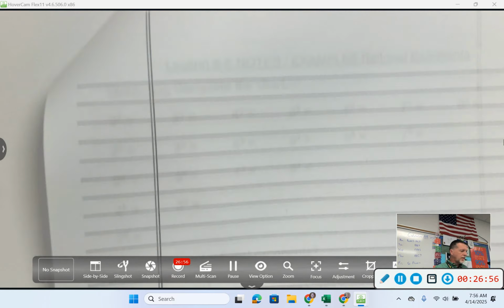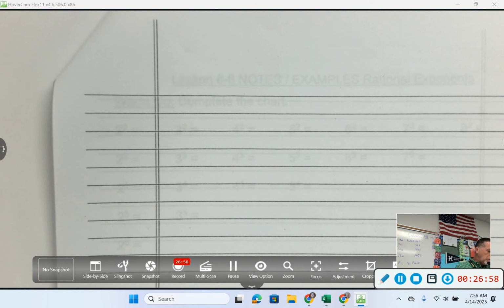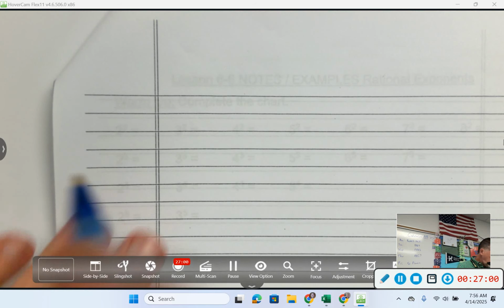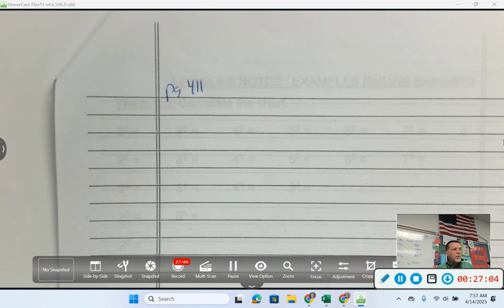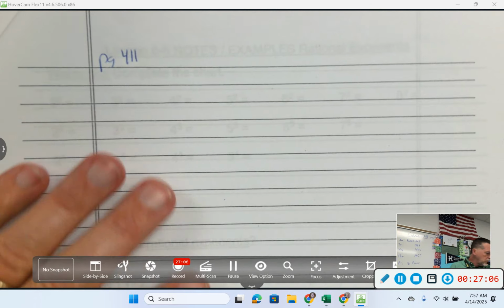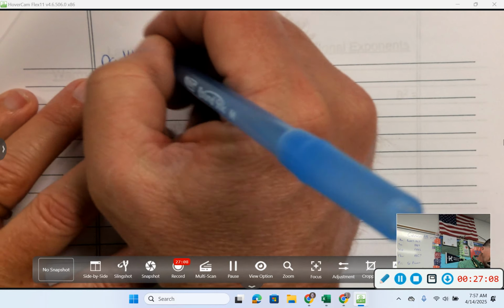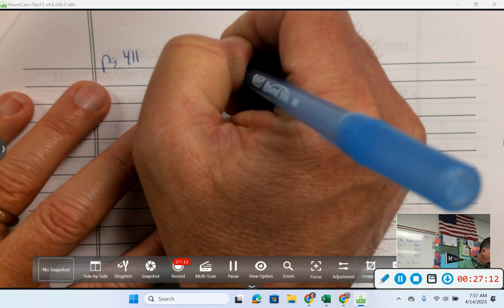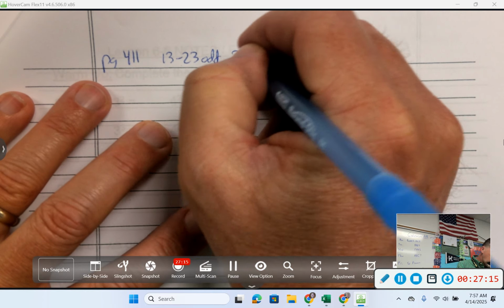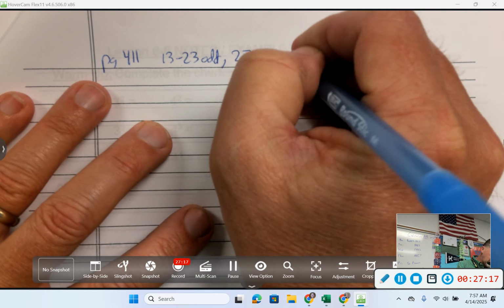Okay, the assignment from the book, of all places. Page 411. I did give you a paper to work it on, though, right? So you're welcome. Page 411, 13 to 23 odd. 27 to 49 odd.